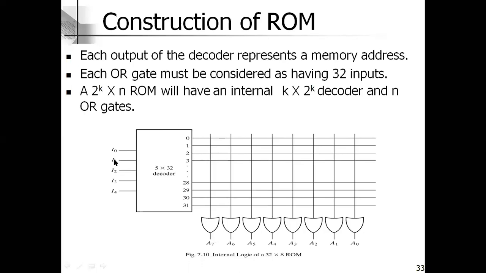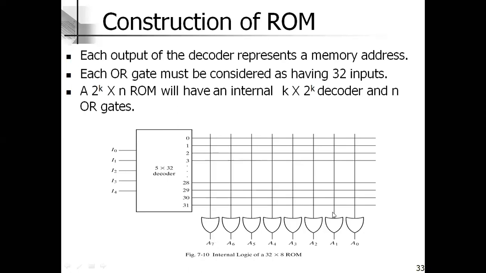You pass the k address lines for 32 words, that is the 5 input address lines, to the 5 by 32 decoder. It will produce the 32 words.